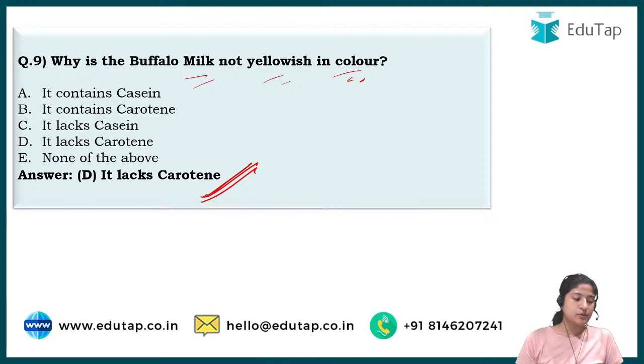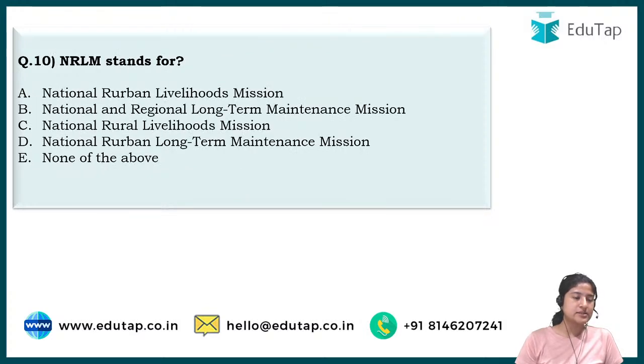So the next question is, what is the full form of NRLM? You have to tell the correct answer. There are the following options. If you go by the 2019 pattern, understand that they have asked a lot of full forms of different schemes, missions, organizations or authorities.